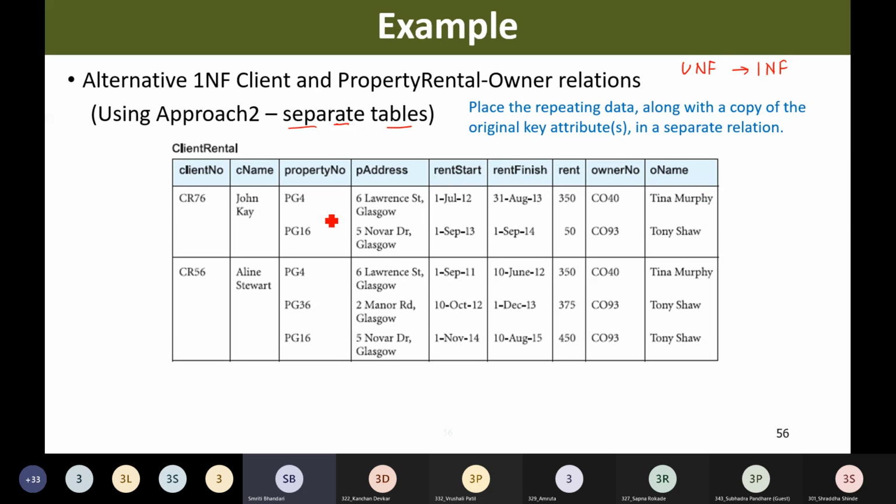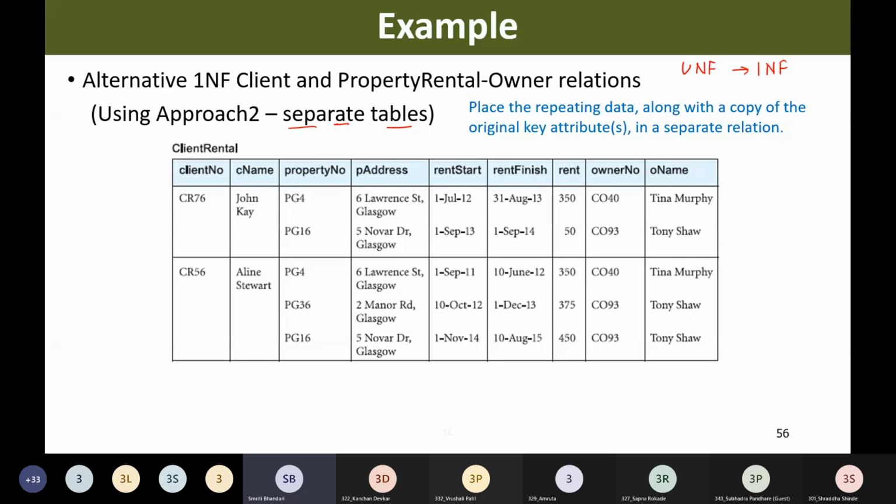What does this mean? See here, we have this table in UNF, that is the unnormalized form, and we would like to convert this table into 1NF. So, which are the repeating groups? Property number, property address, rent start, rent finish, rent, owner number, owner name. These are the repeating groups.